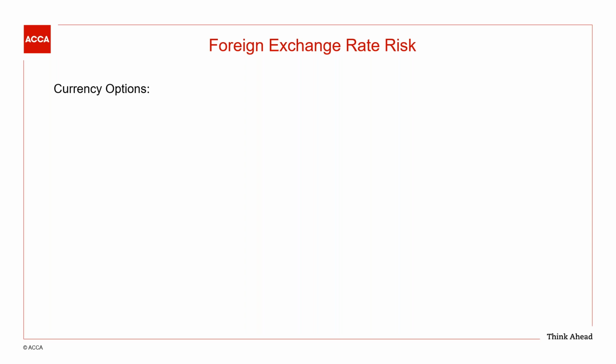Either you are selling to a foreign customer, in which case you will be receiving foreign currency, or you are going to buy from a foreign supplier. In that case, you will be paying in a foreign currency, whatever the case may be. Your deal with the customer or supplier is not finalized. But if it is finalized, you will either be receiving or paying something in 1 month's time.